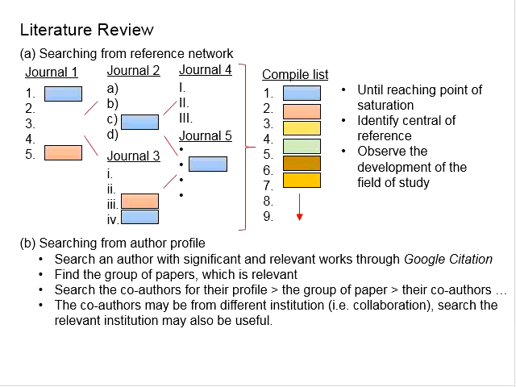Next, you can arrange the journal papers in chronological order in order to observe the development of the field of study. If you wish to demonstrate the development of the technology within the field of study, the dates of publication can be a good reference to you.